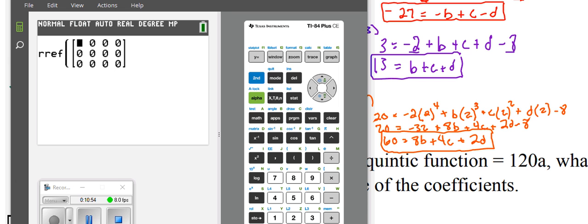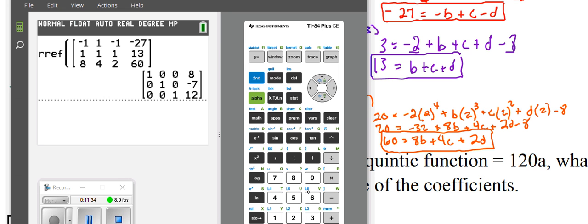So I got to put in -1, 1, -1, and -27, and 1, 1, 1, 13, last row 8, 4, 2, and 60.